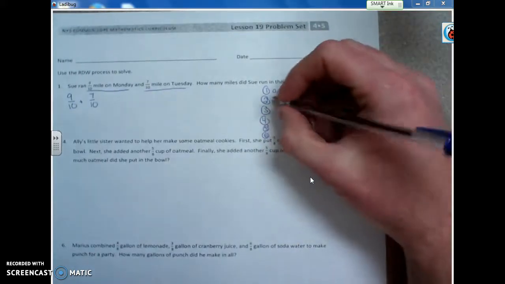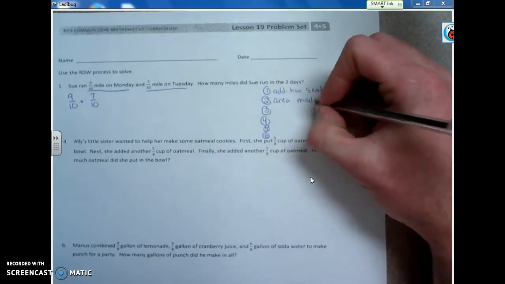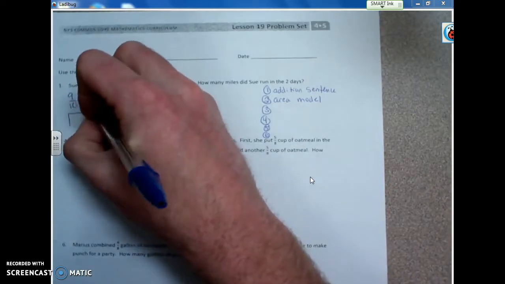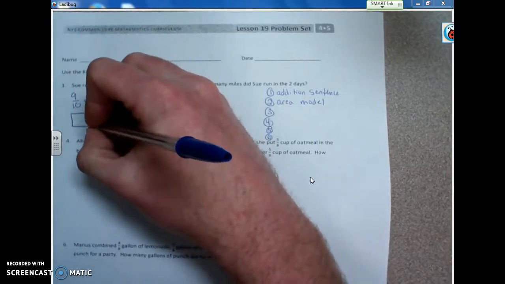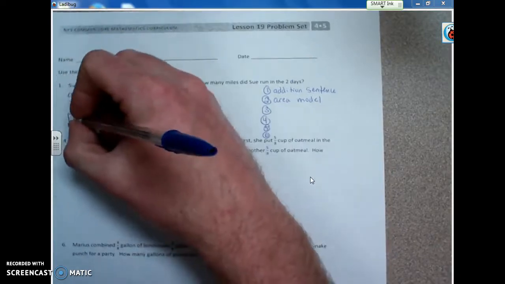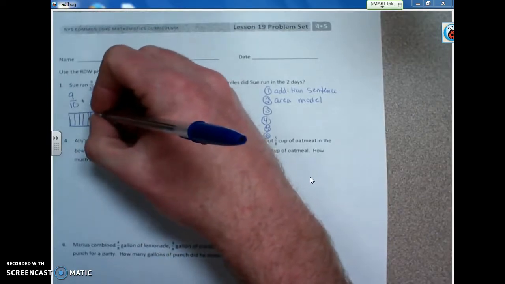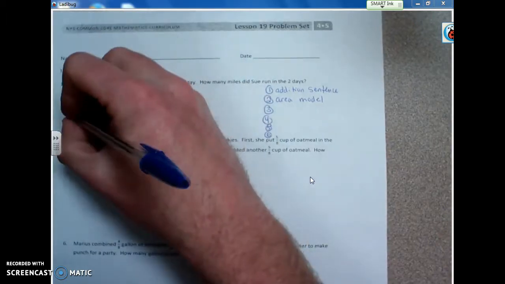Next, I'm going to make my area model. So I'm going to make 9/10, so I'll split it in half, and then split each half into fifths. And I have 9 of those.